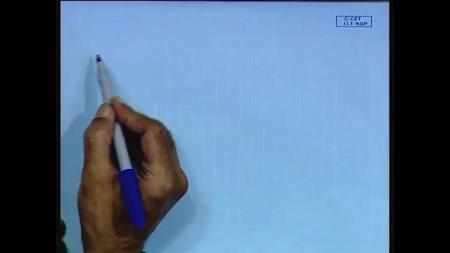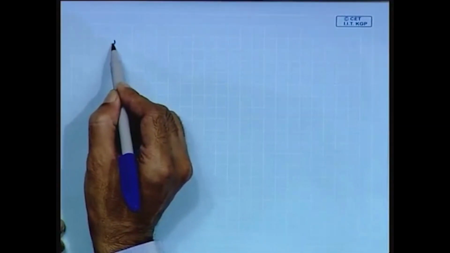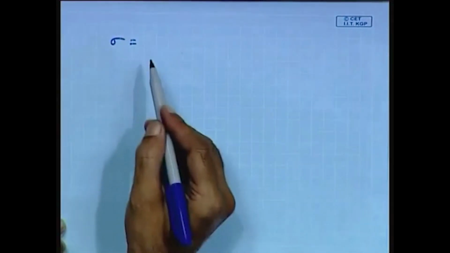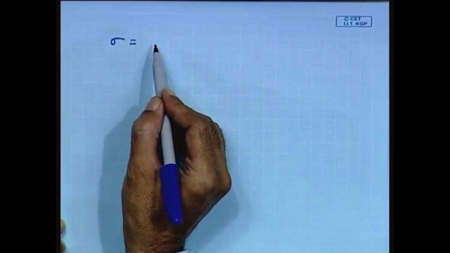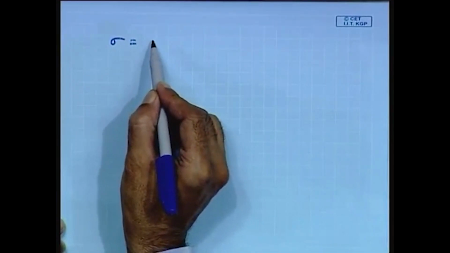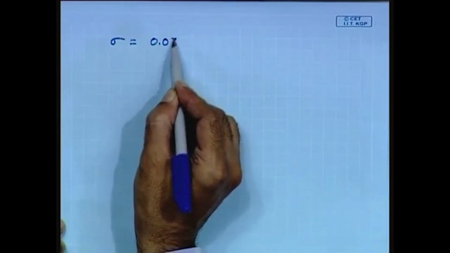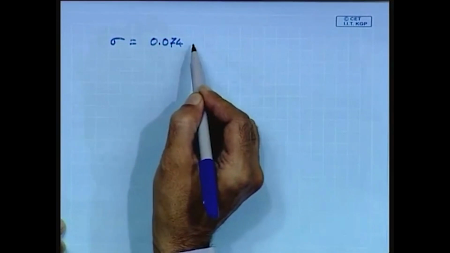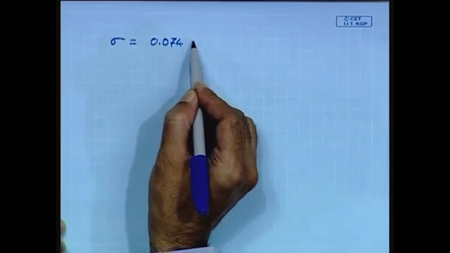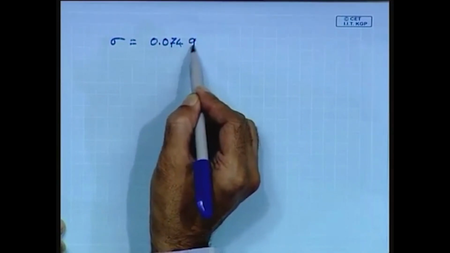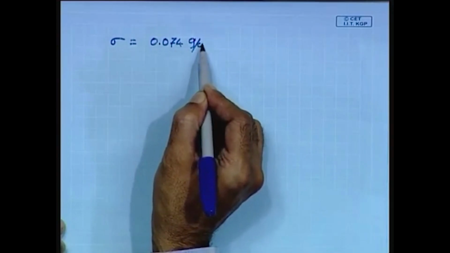If we further simplify, the surface tension, which is measured as force per unit length, generally has a value of say 0.074 grams per centimeter.